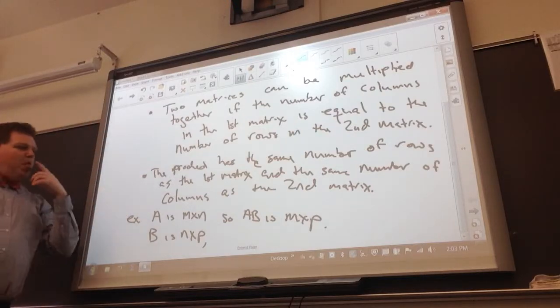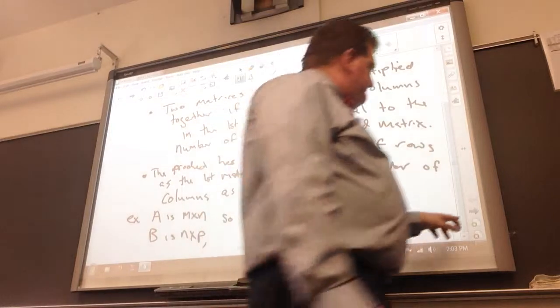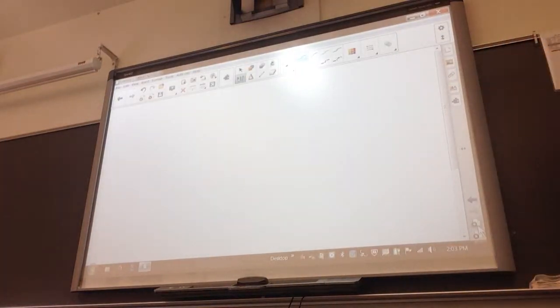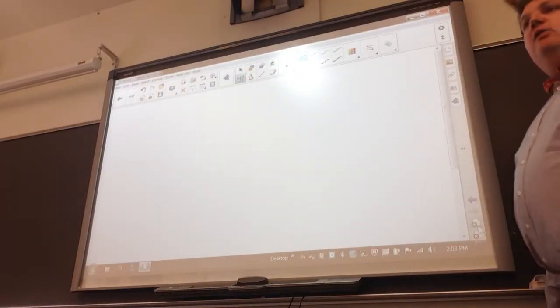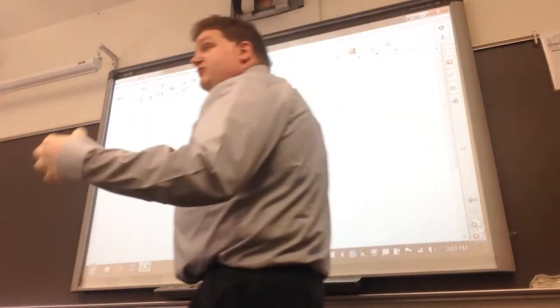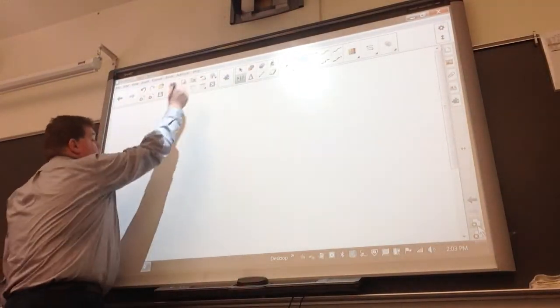Alright, okay, moving on, now that everyone's got this copied down. Let's actually look at an example. We'll do one symbolically, and then we'll actually do one with numbers, of matrix multiplication.